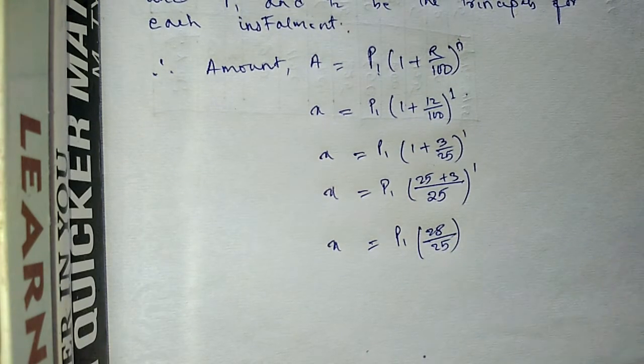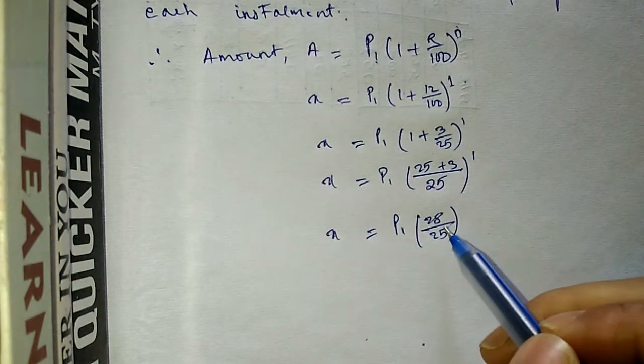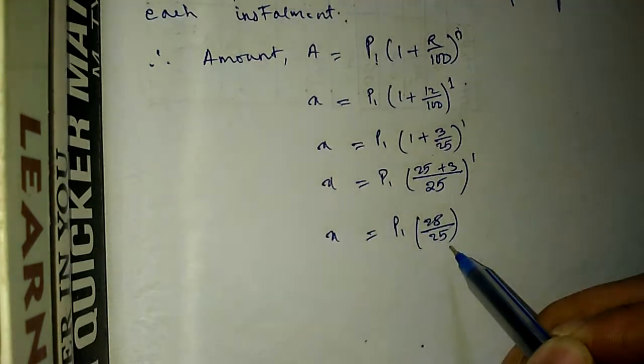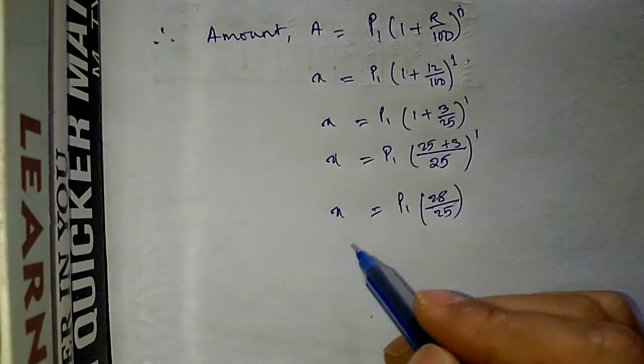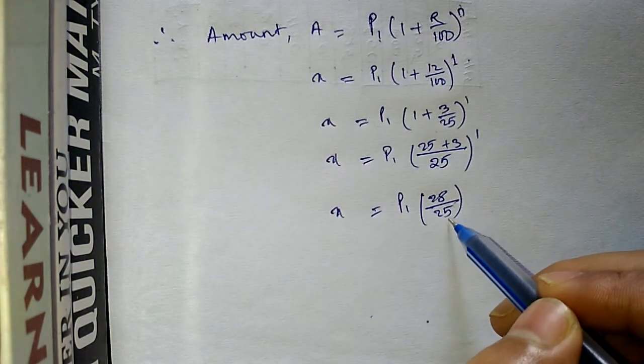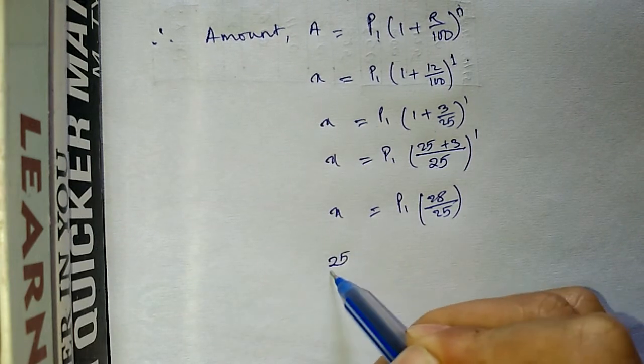Then we have to shift this 28 by 25 to the left side. If we shift, the denominator will go up and the numerator will be at the denominator.